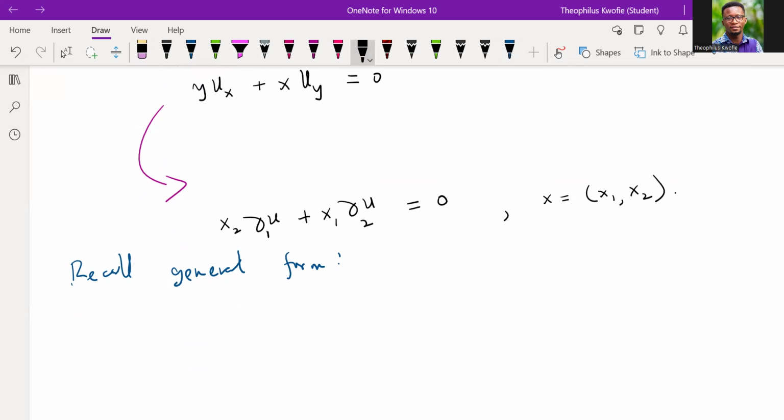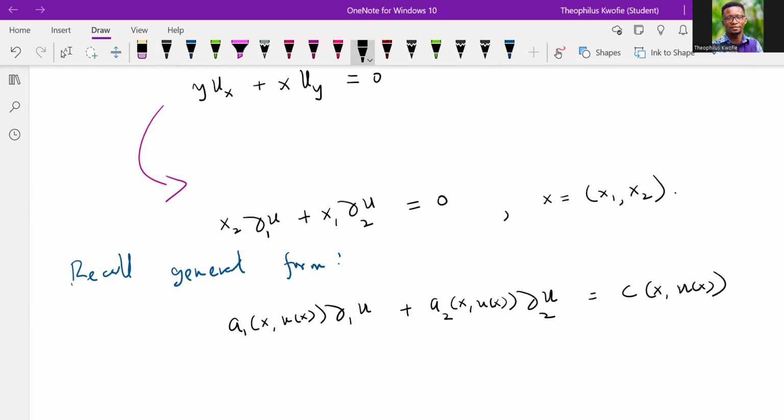So on that we're going to have A1 of x plus, multiplying the partial, the partial of u with respect to x1, plus A2 and the partial of u with respect to x2 equal to C. Is that okay? Very important. So let's take note. That is all we are going to have.